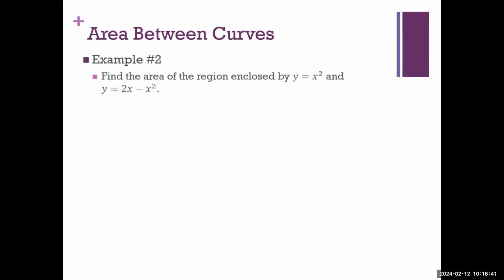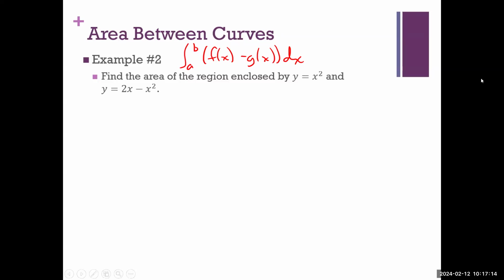Okay, now I want to find the area enclosed by these two curves. Any ideas on how to start finding that? So I'll write down the thing I just showed you. The area is the integral from a to b of the difference in these two y values, these two functions. So in general, we can set these areas up this way.